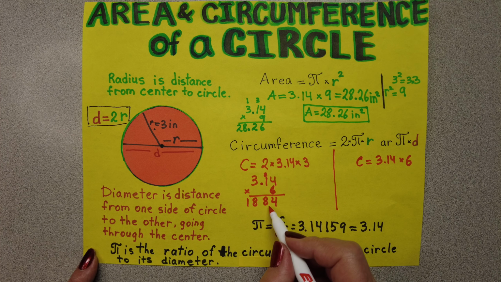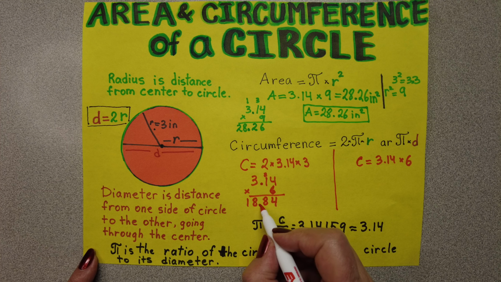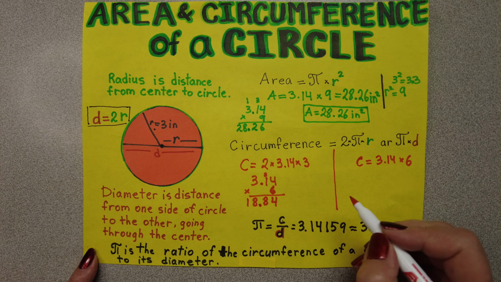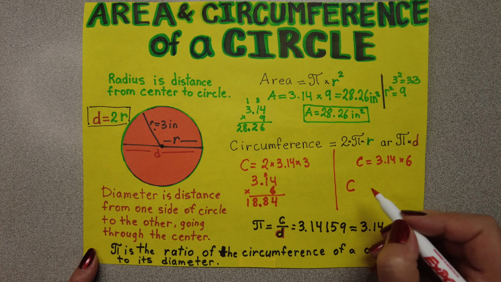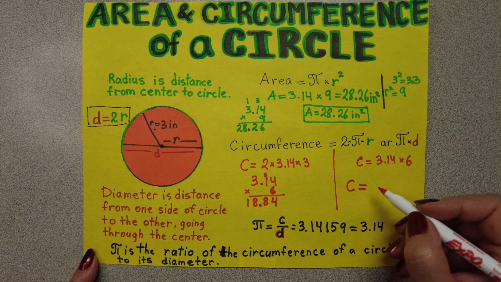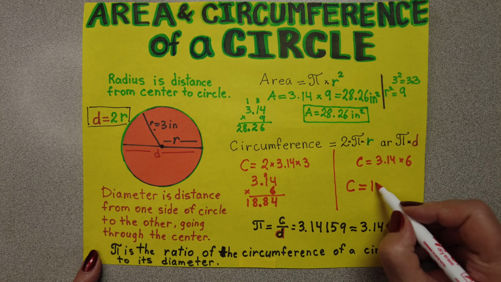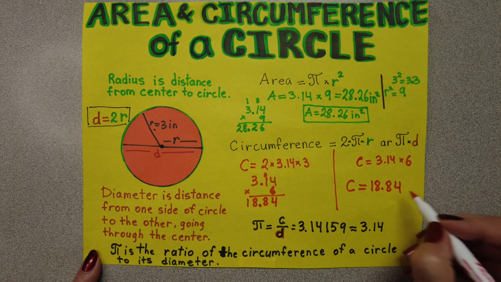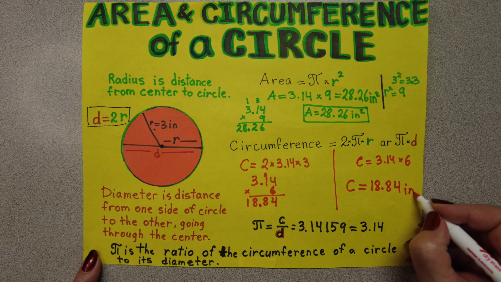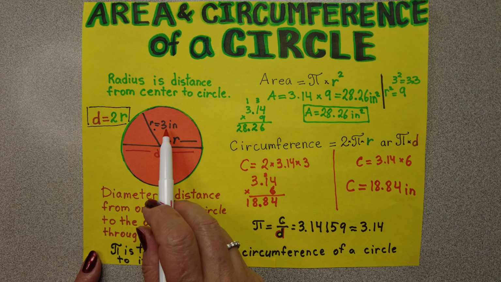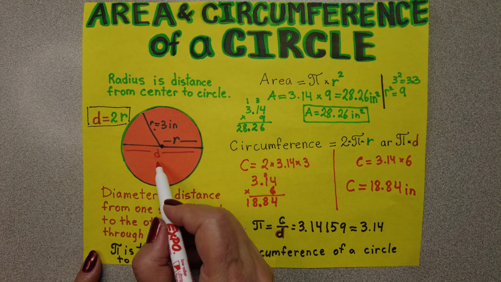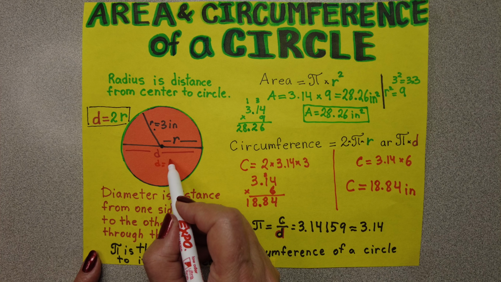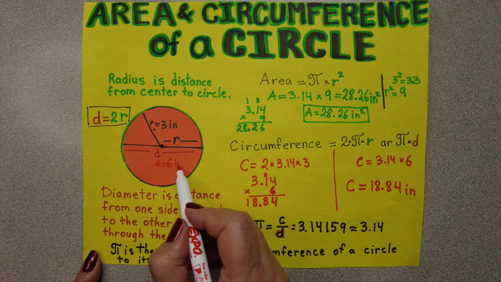So we come backward 1 and 2 and we put our decimal point. So circumference equals 18.84 inches. In this case, we use inches. So D was equal to 6 inches.